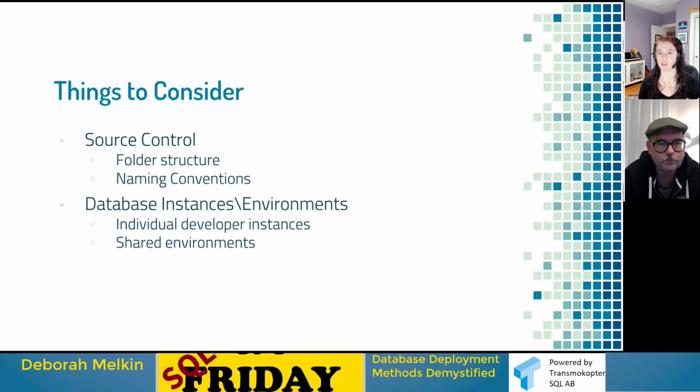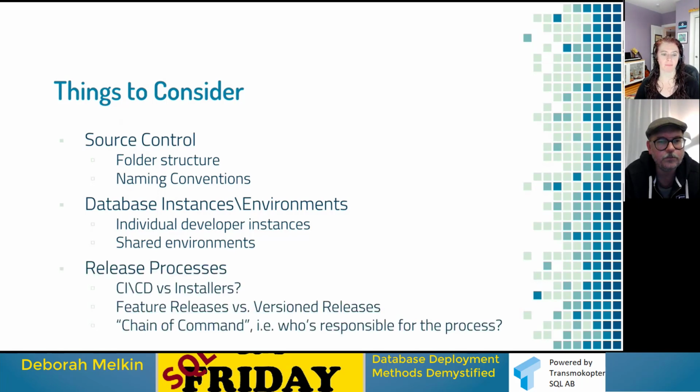We need to think about where things are deploying to. What can we expect to find in those different environments, especially if we have multiple people working in the same project on different things and everything's getting deployed together or even partially deployed together? Then there's the release process in general. How are you setting up your CI/CD pipelines? Are you still using installers?